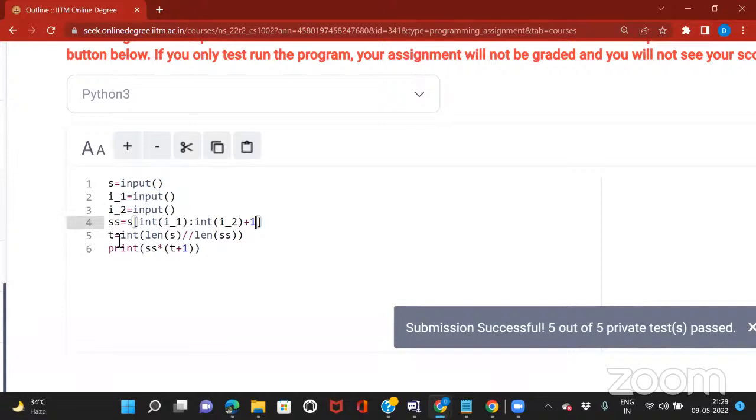And then I found the number of times by which we should multiply the substring so that it's just longer than s. So I found through the floor division the number of times we have to multiply, and we would have to multiply one more than that so that it's longer. So then SS, that is your substring, multiplied by whatever we had gotten plus 1.